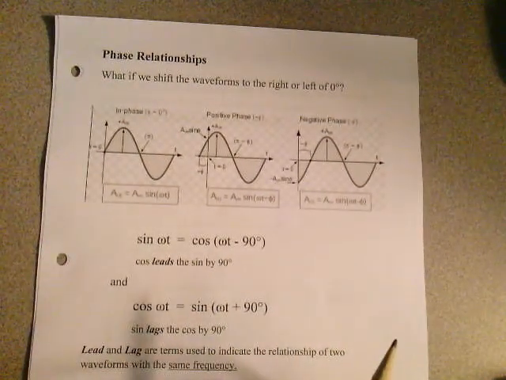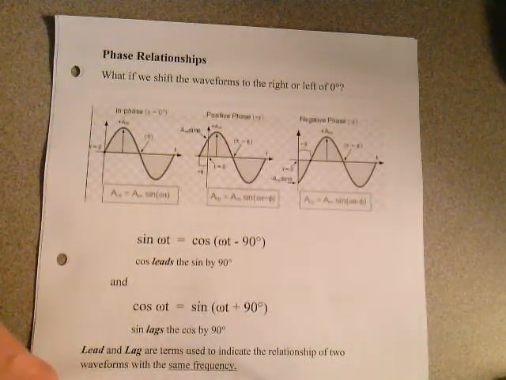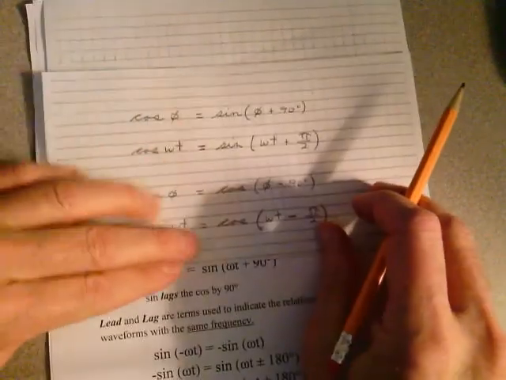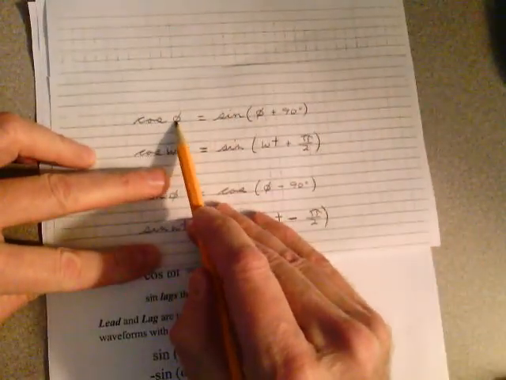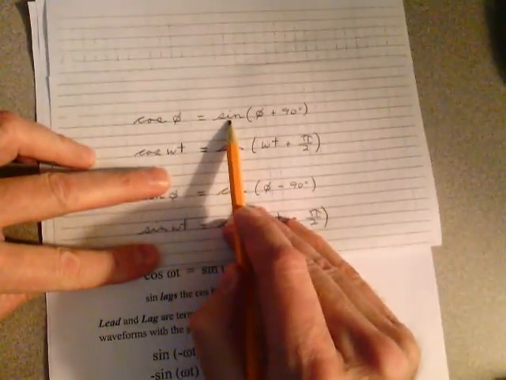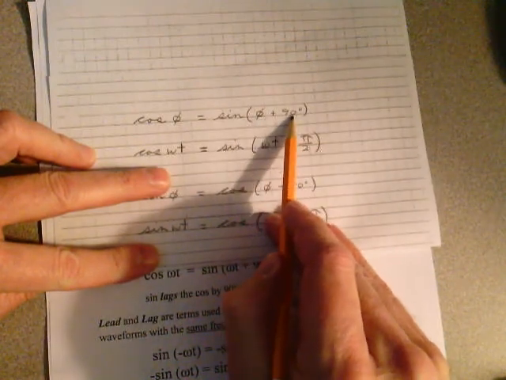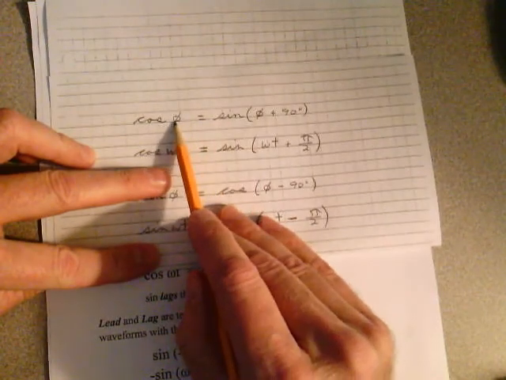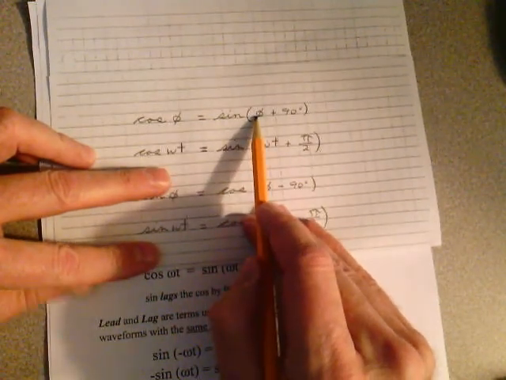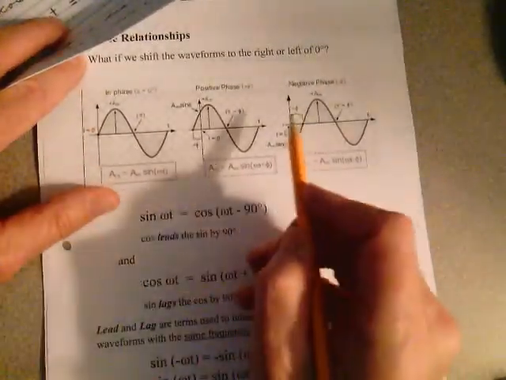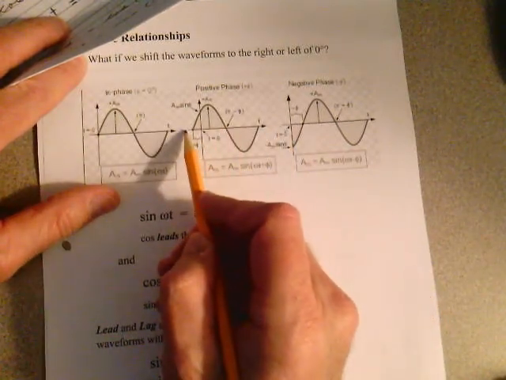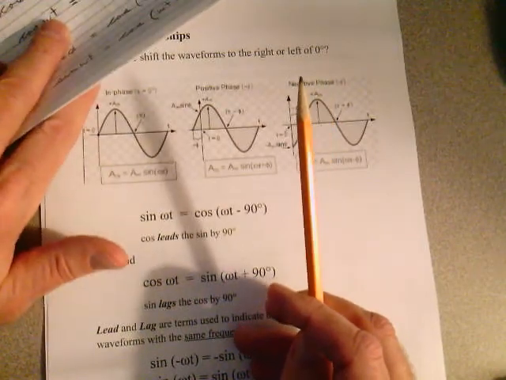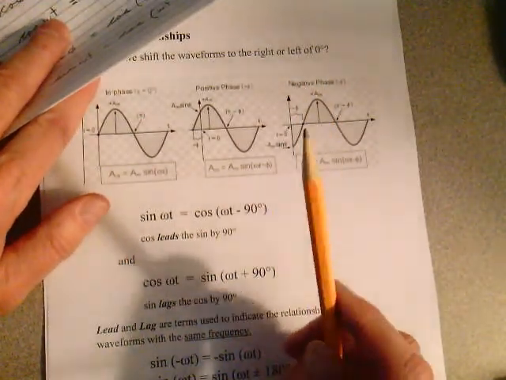A couple of equations I want to point out to you, which you're going to be using very shortly. You don't have these, but I'll show them to you real quick. You had this in trig. The cosine of an angle is equal to the sine of the angle, and you have to add 90 degrees. If you take a look at a cosine waveform and a sine waveform, and you're standing over here to the left of this vertical axis, I think you'll see that the cosine waveform is ahead.